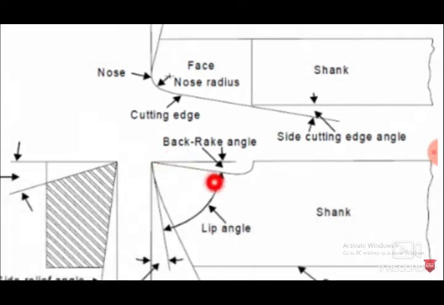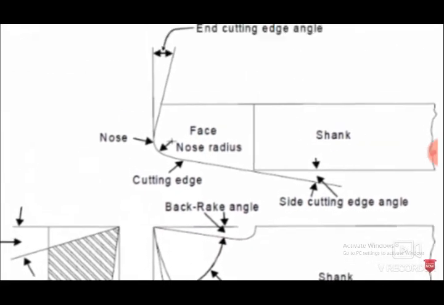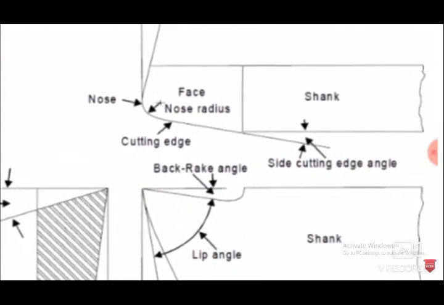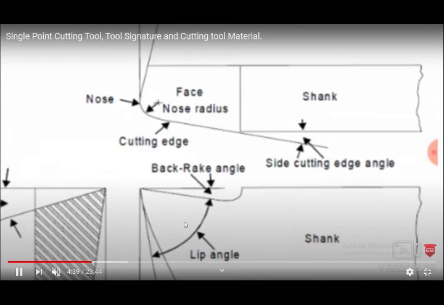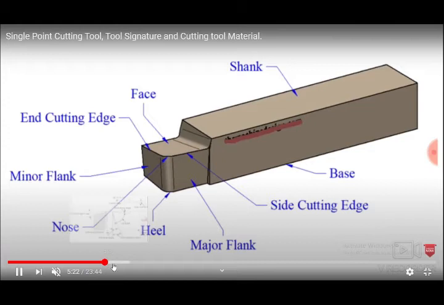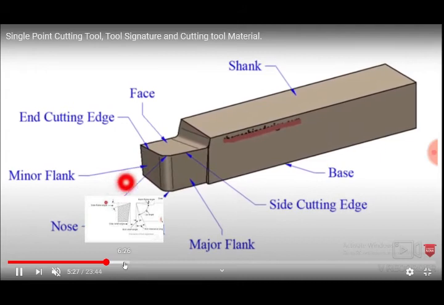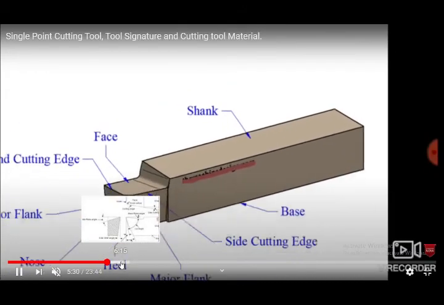You observe sometimes what angles are there and how you identify the top view, front view and side view. The top view has the side cutting edge angle and end cutting edge angle. The side view has two rake angles. Next, I will show you each part.